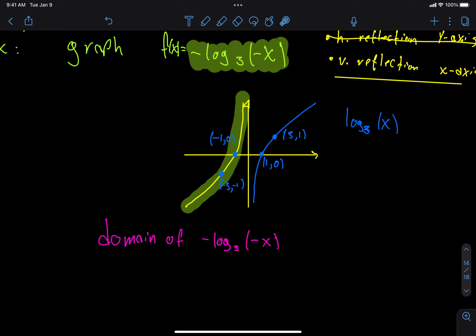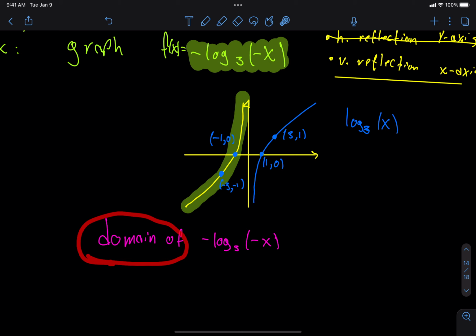Well, can someone tell me first, what is the domain of a function? It's all of the x values that are allowed to be plugged into the function. This is what the domain is.